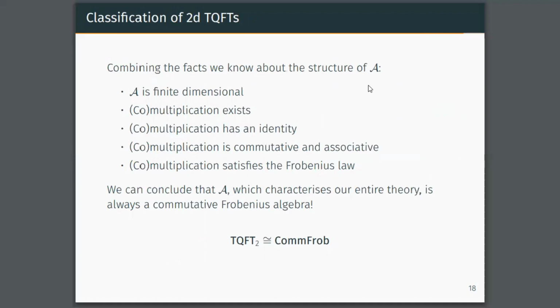And so we can conclude that our vector space, which we assign to the circle A, which characterizes the entire 2D TQFT, is always going to be a commutative Frobenius algebra. And we add commutative here because the normal definition doesn't necessitate that. And we twisted the pant legs. So 2D TQFTs are equivalent to commutative Frobenius algebras.